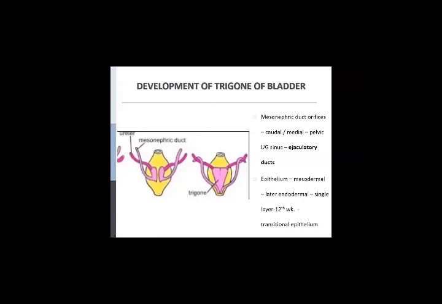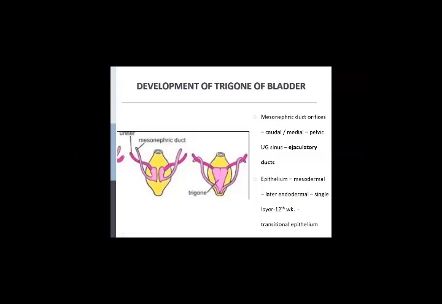This is the trigone of the urinary bladder. And the terminal parts of the mesonephric ducts come close to each other and open into the prostatic part of the urethra. So this terminal part of the mesonephric duct develops into the ejaculatory ducts.